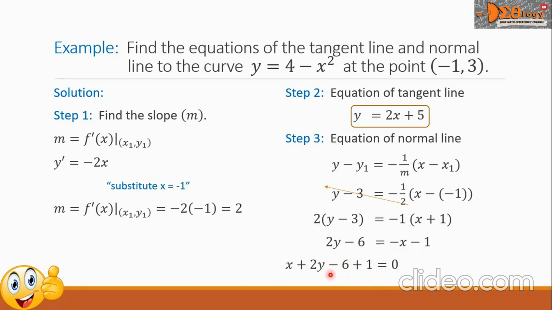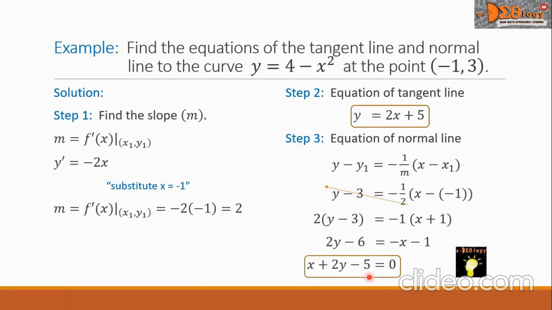Let us combine this negative 6 plus 1, so we have negative 5. So we have now our final answer for the equation of normal line. x plus 2y minus 5 equals 0. These are the answers for the tangent line and the normal line.